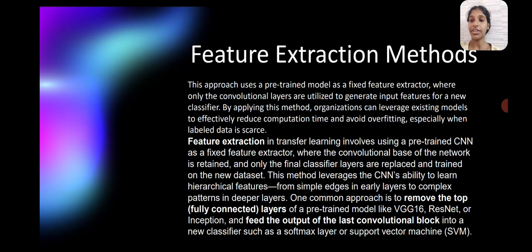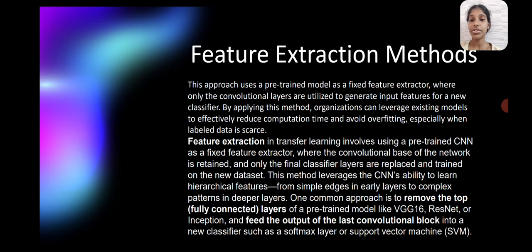Feature extraction in transfer learning involves using a pre-trained CNN as a fixed feature extractor where the convolutional base of the network is retained and only the final classifier layer is replaced and trained on the new dataset. This method leverages the CNN's ability to learn hierarchical features from simple edges in early layers to complex patterns in deeper layers.